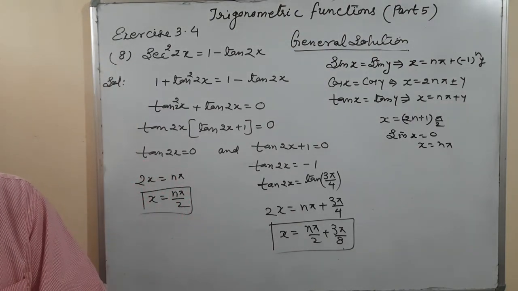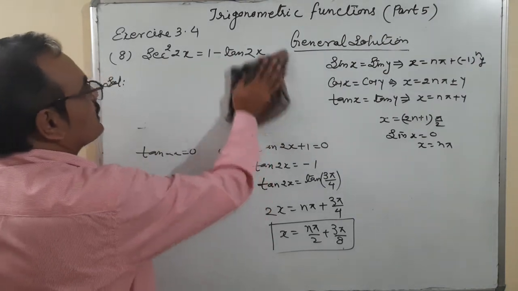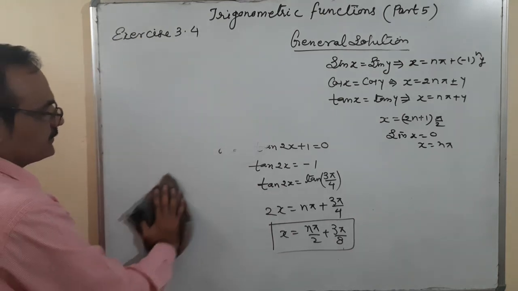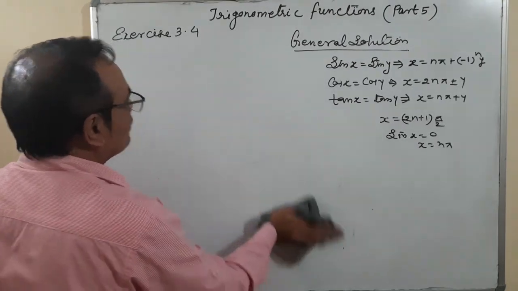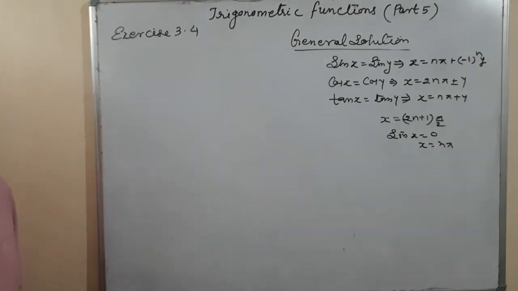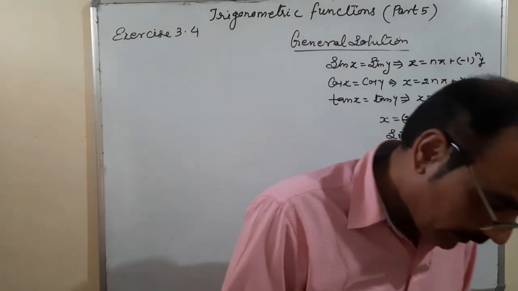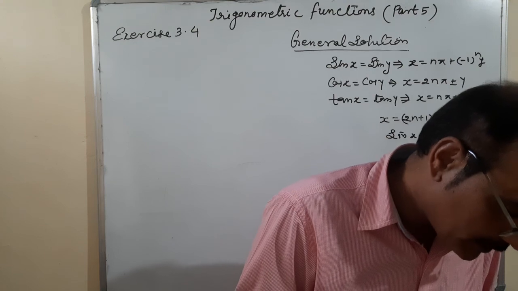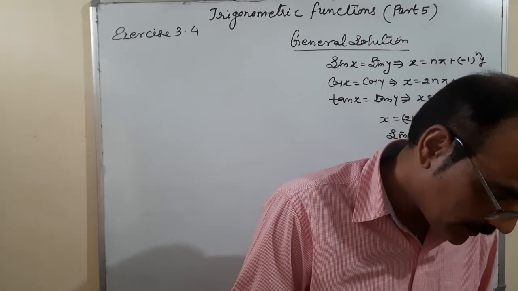One question also I want to include, where a general equation will be formed. Let us find out the question. We are taking the 7th question, sin 2x plus cos x, no, that is also the same.